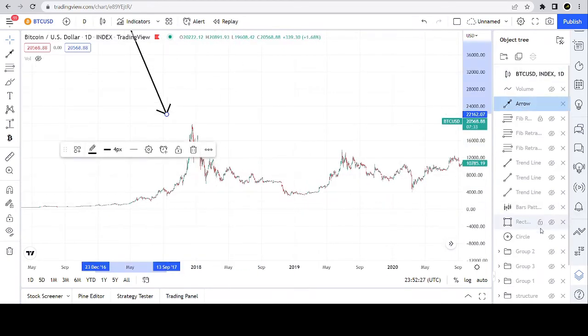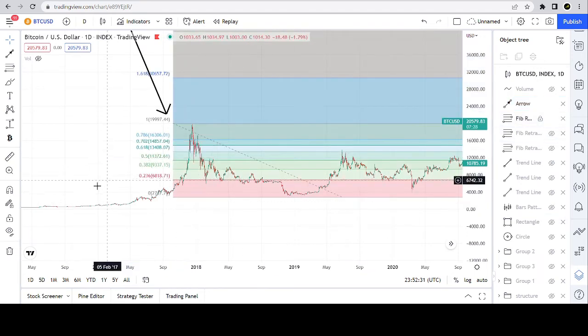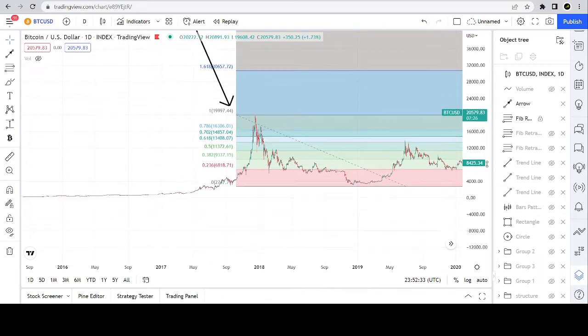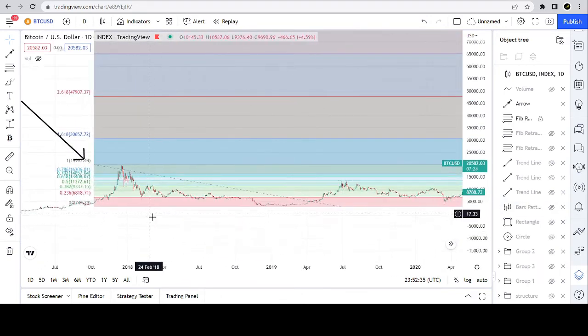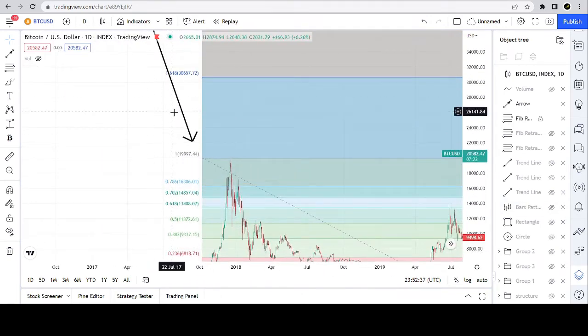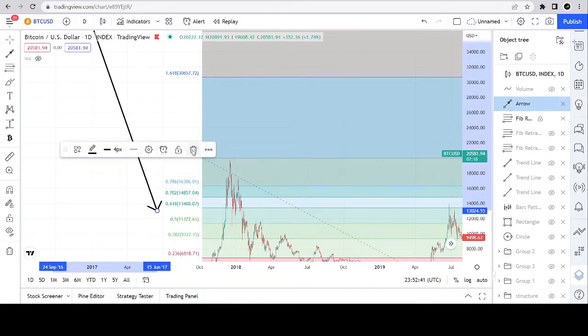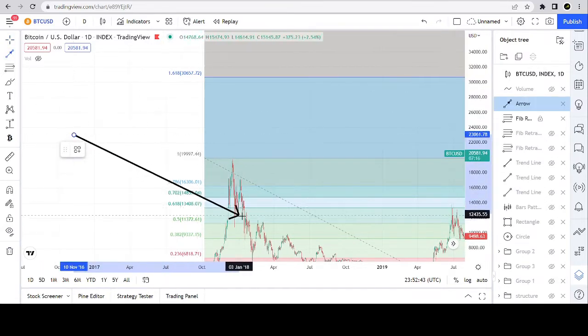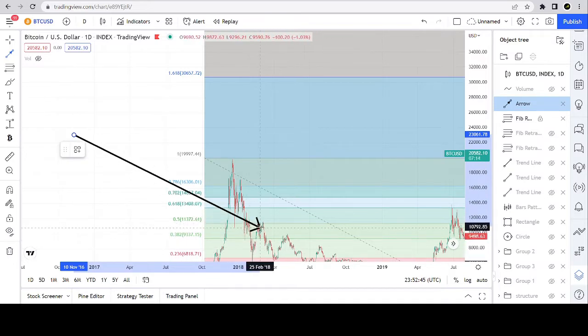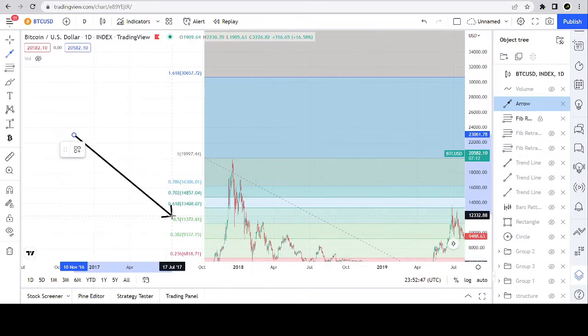Now let's throw on a Fibonacci retracement level and see how that compares to what we saw previously. Well, let me zoom in. If you see where the first wave took place, let me delete this arrow, put a new one. So you see here's that first wave, again, right near the 0.5 Fibonacci retracement level.